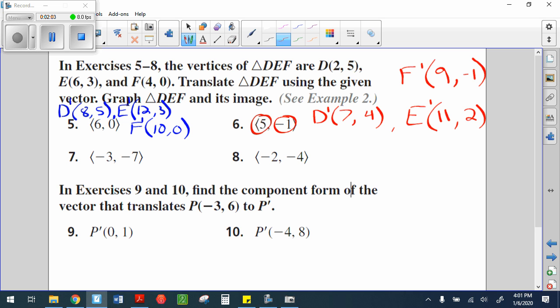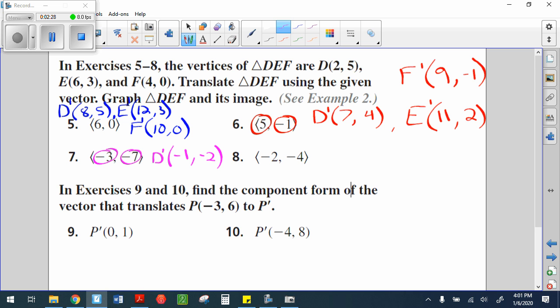For number 7, we're going to go left 3 and down 7. So I'm going to subtract 3 from each x value, and I'm going to subtract 7 from each y value. So D prime is going to be 2 minus 3, which is negative 1, and 5 minus 7, which is negative 2, just using the original D values.